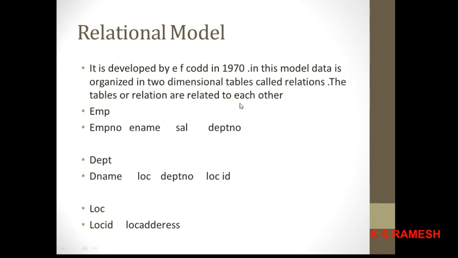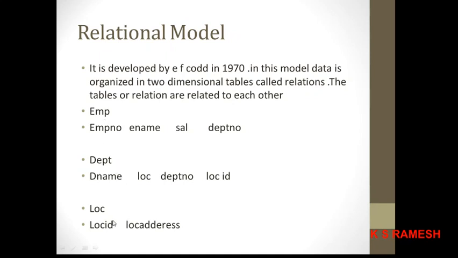How are we linking? EMP table DEPT number and DEPT table DEPT number. It is common in both tables. The column names are the same. So we match these column names, and we establish the relationship between EMP and DEPT.